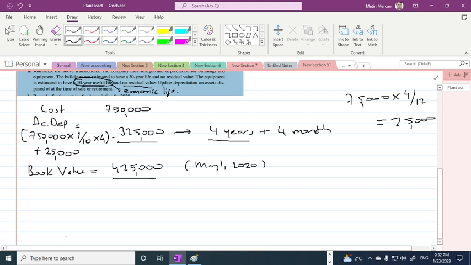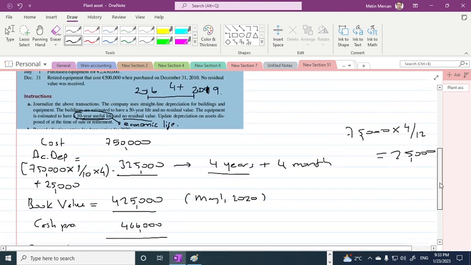This is the book value of this asset, this equipment. And what is the cash proceeds? Cash proceeds from this are $466,000. As cash proceeds are greater than book value, there is a gain on this disposal. So the company gained 41,000 euros from this trade.